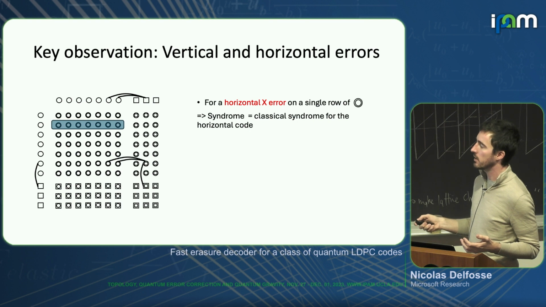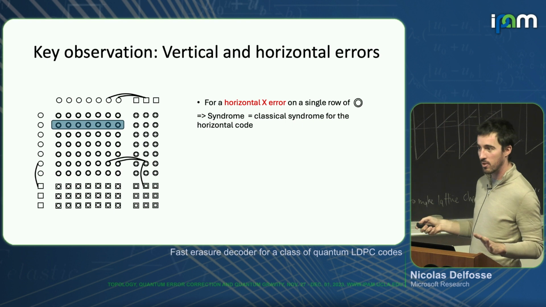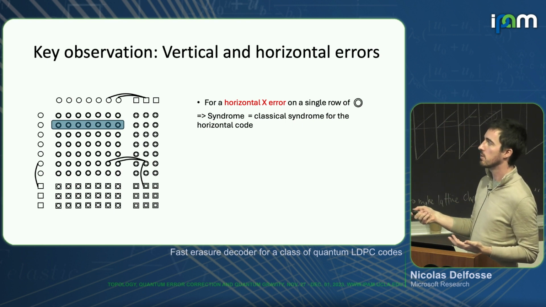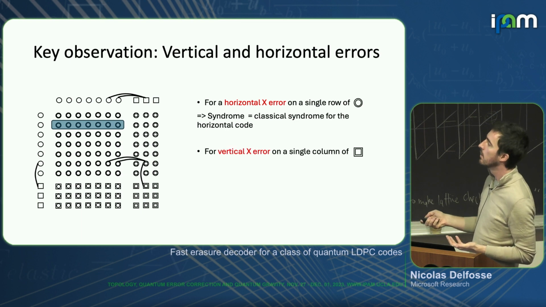Because the only checks that are connected to this row come from those 3 vertices. If it's an X error, there are checks coming from those, but those checks are X checks that will not detect the X error. So it's a trivial observation, but we are going to reduce the decoding problem of the quantum code to the decoding problem of those 2 classical codes, thanks to this observation.